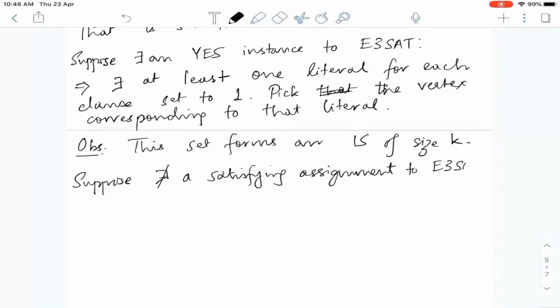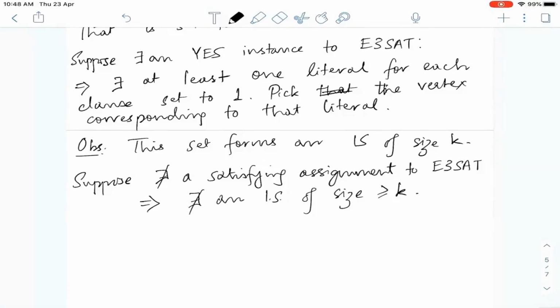This will imply there does not exist an independent set of size at least k. We have to prove both things, otherwise this is not a complete reduction.